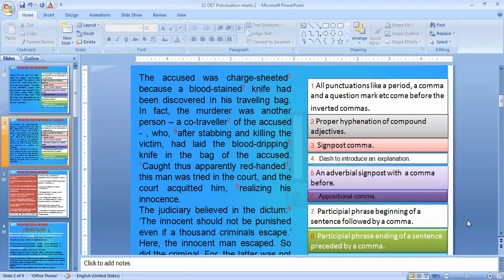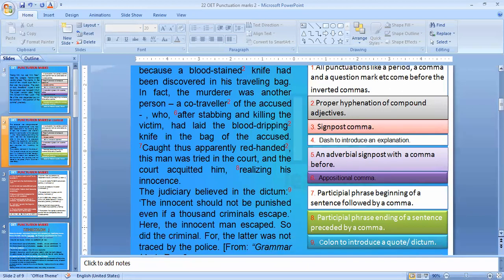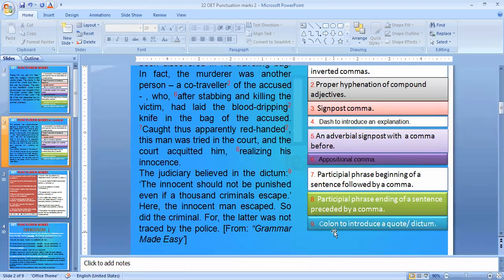Okay, then what is number 9? Number 9 is given here. Colon. You see 2 dots, this colon. Colon is used for what? To introduce a quote or a dictum. Dictum means common knowledge, a notion, a proverb.